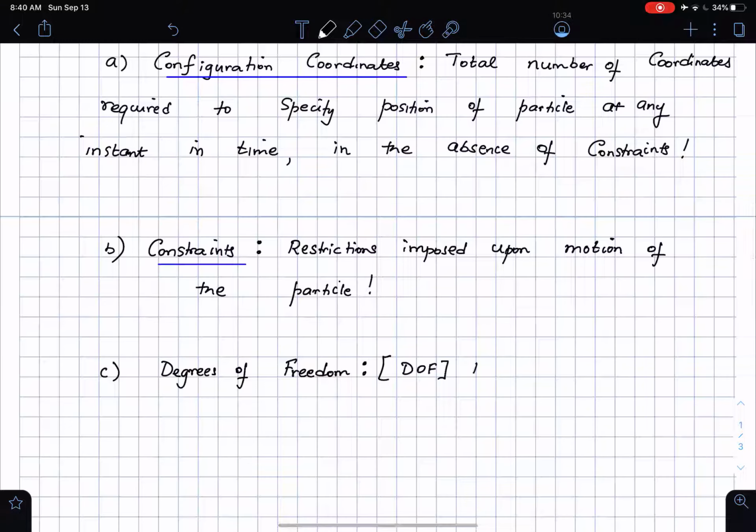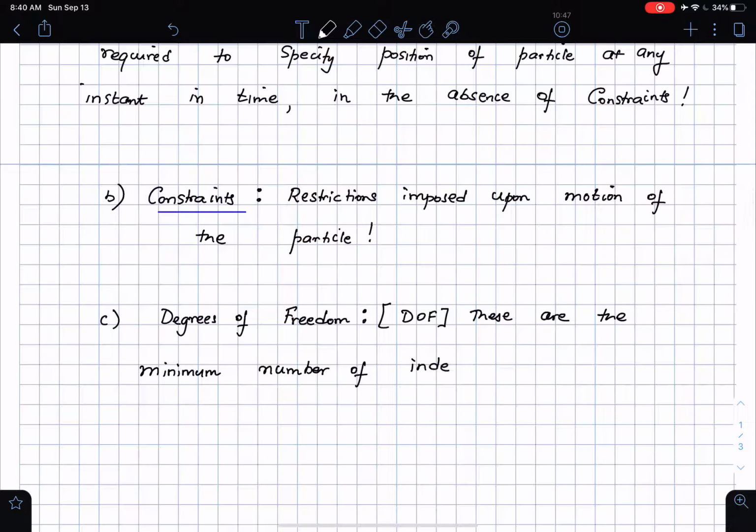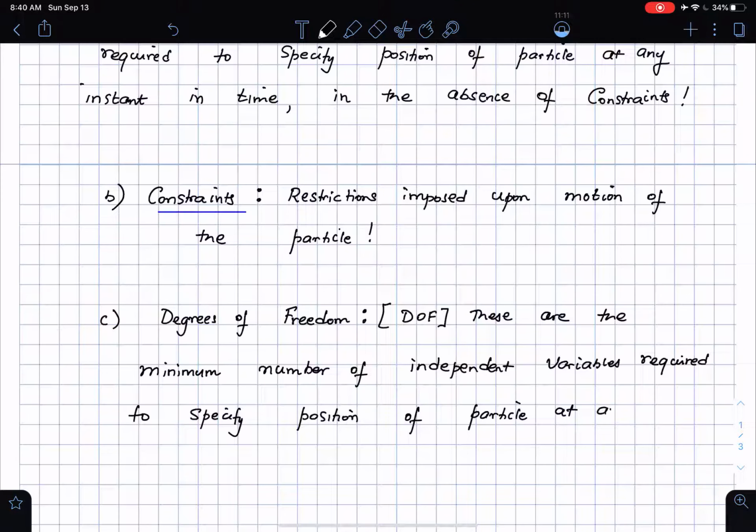These are the minimum number of independent variables required to specify the position of the particle at any time instant.